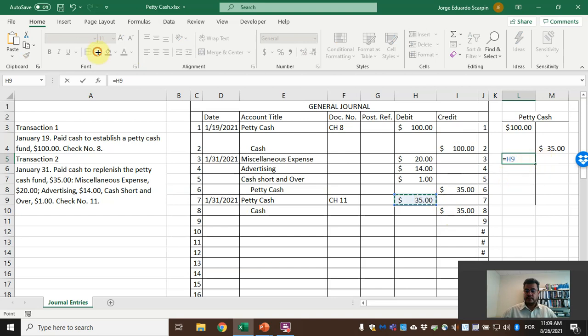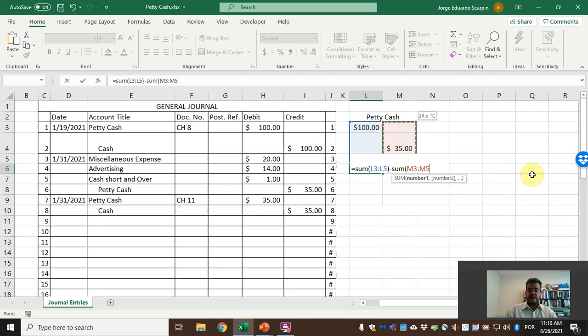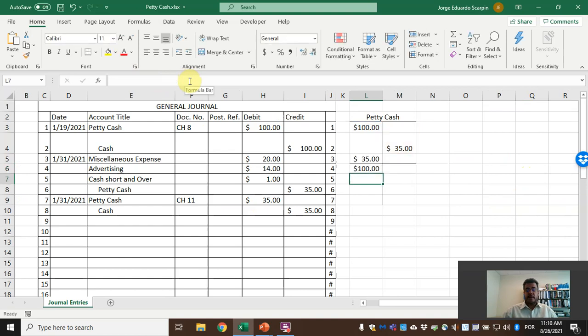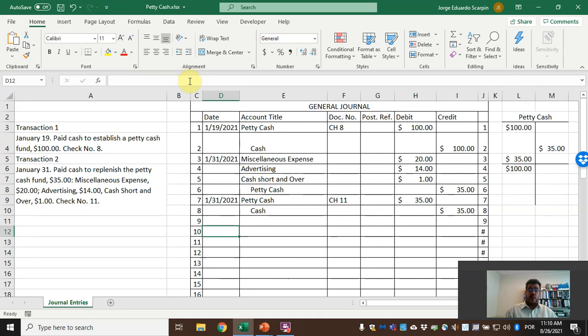And we have it done. So if we sum here, the sum of debits less the sum of credits, $100.